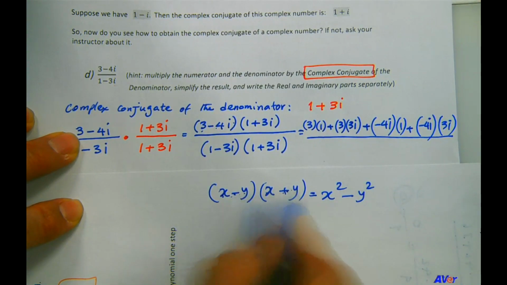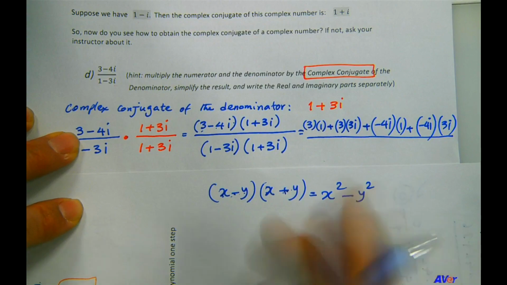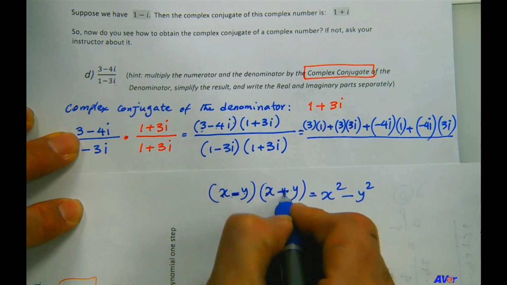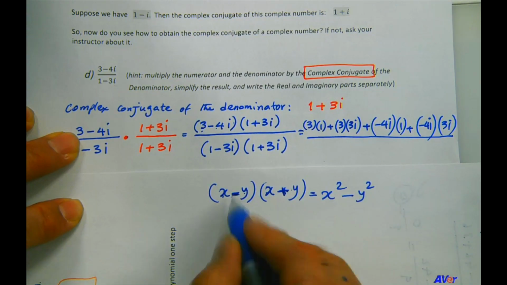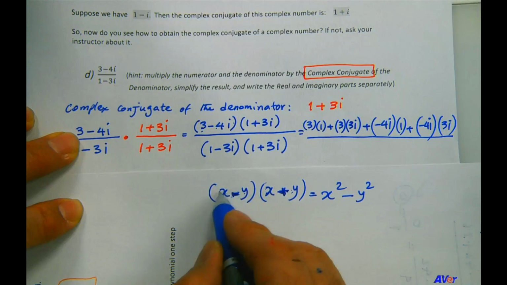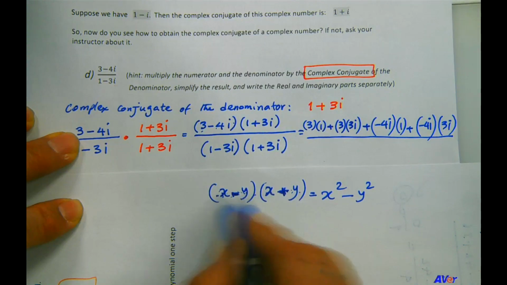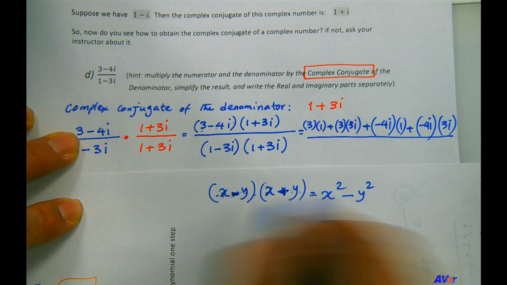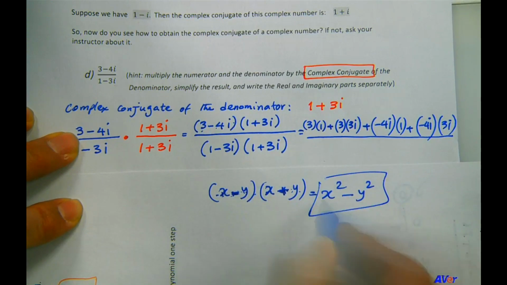We can only do that if this algebraic sign is different. We could not do that with plus and plus, or minus and minus. Only if they have opposing algebraic signs in the middle with identical terms on both sides can we do that. So this is equal to that.